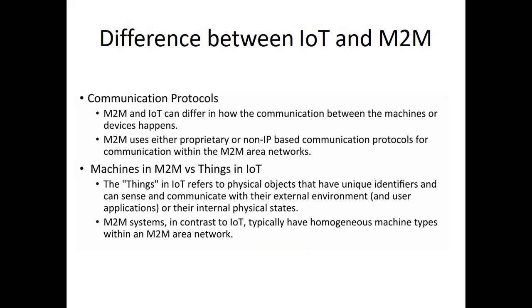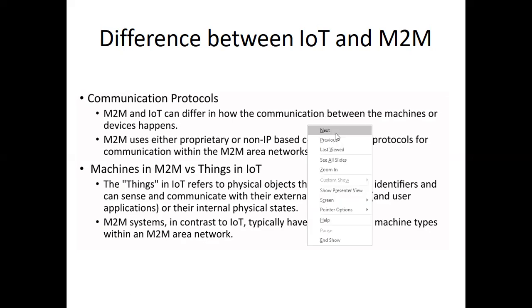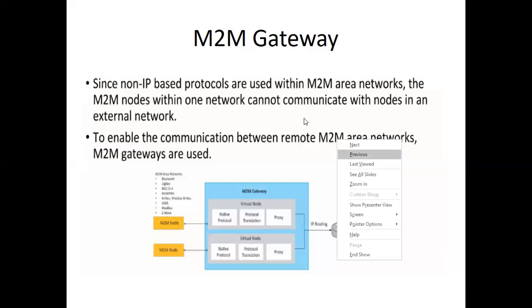The second difference lies in the machines. In M2M communication, the emphasis is given on machines, whereas in case of IoT, emphasis is given on things. The things and machines are different. How? In M2M systems, all the machines must be of homogeneous type within an M2M area network. In the first slide, let me go back.